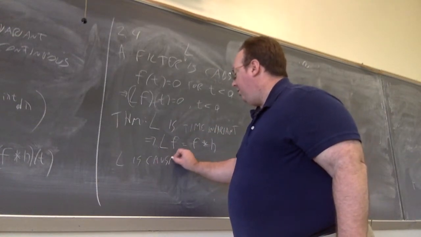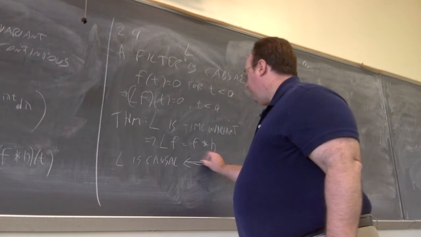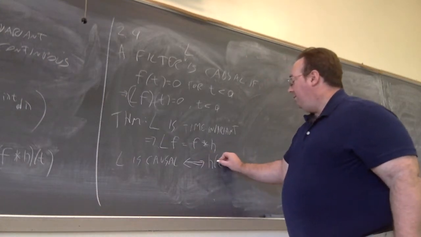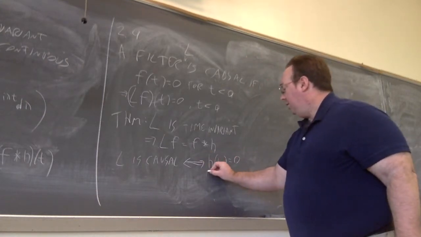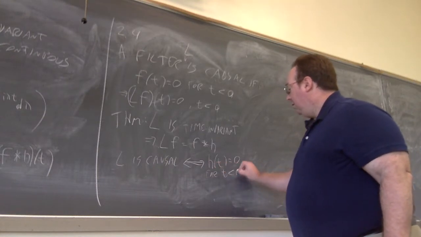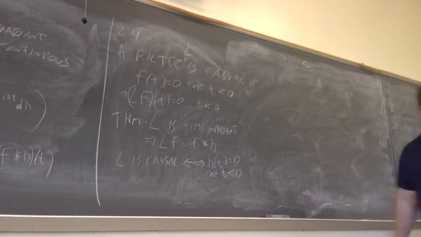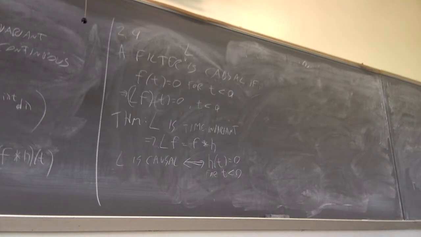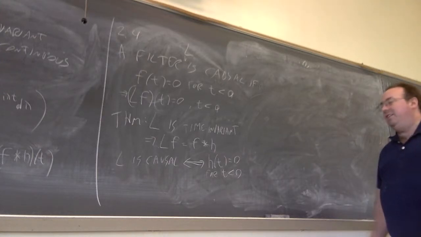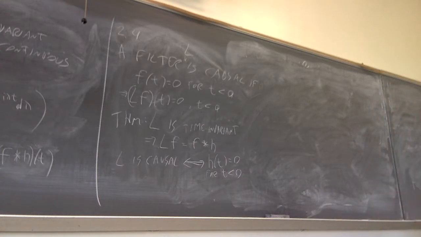Then L is causal if and only if the function h is 0 for negative values of t. Because if h has content for negative time, that allows the output signal to begin before the input signal does. If you remove that possibility, then you're good. You won't have noise where there should be silence.